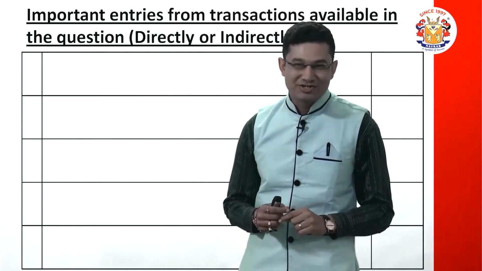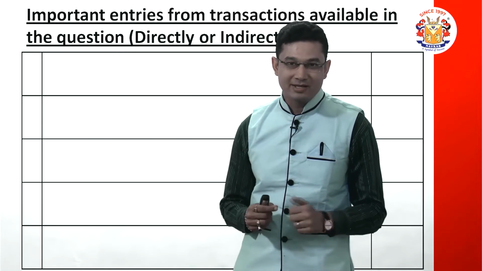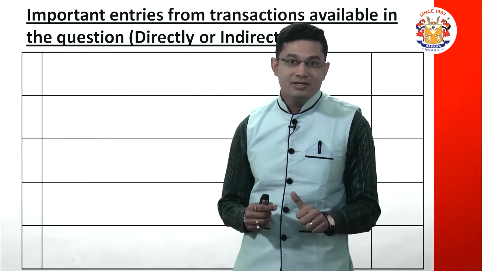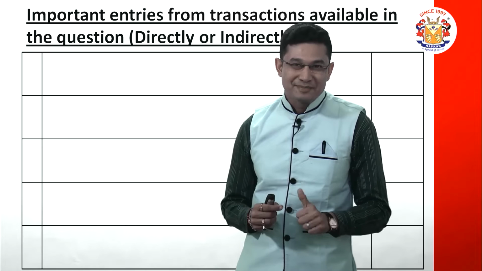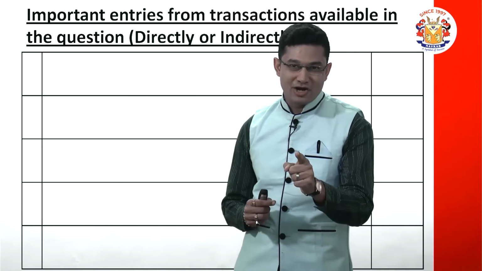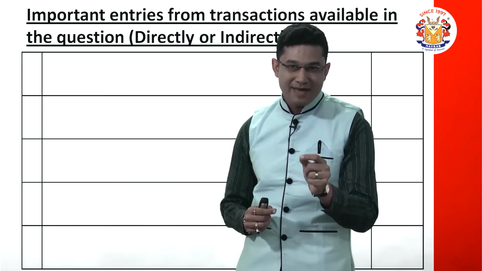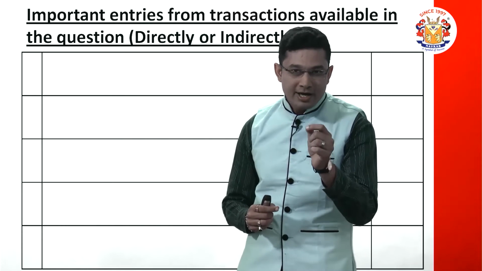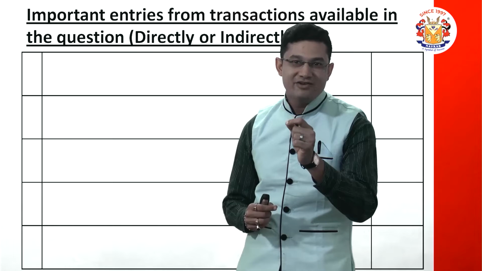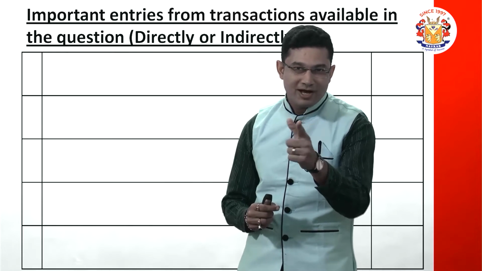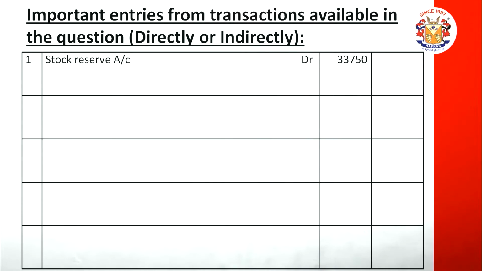In the given question, for stock and debtors method, journal entries are not asked. But for your better knowledge and for your better understanding purpose, I am going to talk about each and every journal entry. Kindly focus. First one, loading on opening stock.